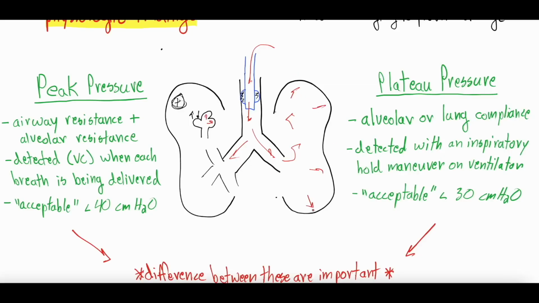So this lung expands out. After the breath is stopped on the ventilator, the lung then contracts back in, and the air goes the opposite way. So it travels back out the main stem bronchi into the trachea, into the endotracheal tube, and then out the endotracheal tube towards the ventilator. Right? That's just the basics of how a breath is delivered on mechanical ventilation.